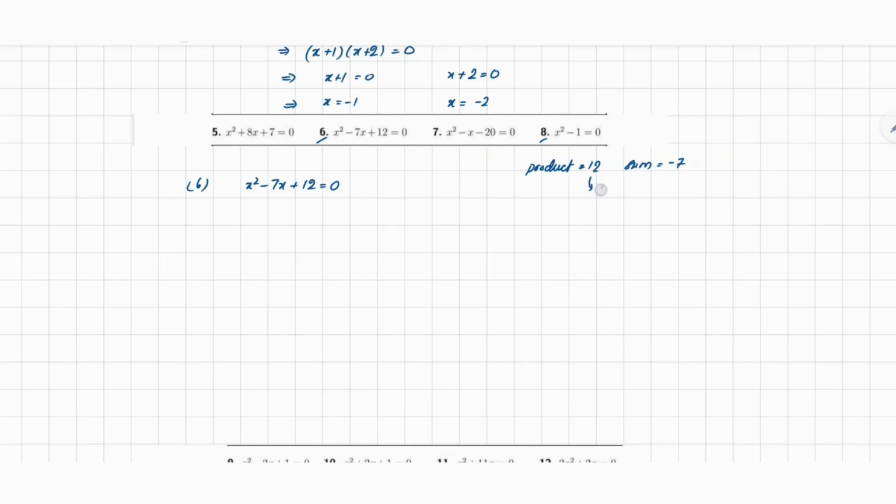We have 1 and 12, and we have 2 and 6, we have 3 and 4. Over here, 3 and 4 give us 7, and we need a minus sign. So we can write the sum as minus 3 minus 4 equals minus 7, and minus 3 times minus 4 gives us 12.